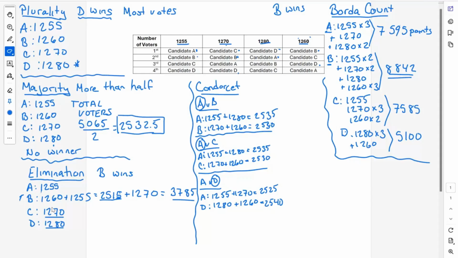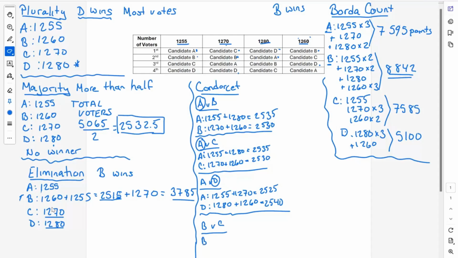Let's keep going, and then we'll talk about some of the problems posed by Condorcet. So we did A compared to B, A compared to C, A compared to D. Now let's look at B. Well, we already did B and A as a comparison. So we need to look at B and C as a comparison.